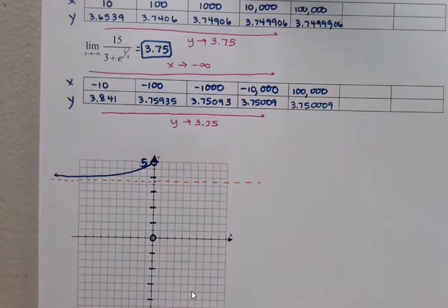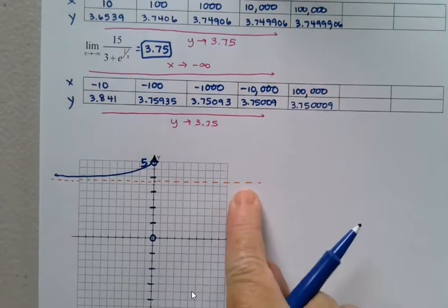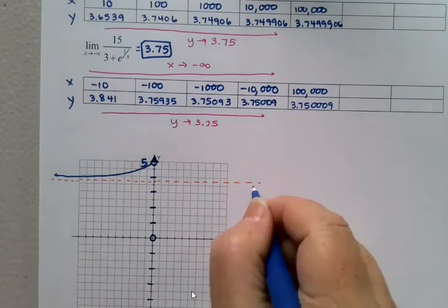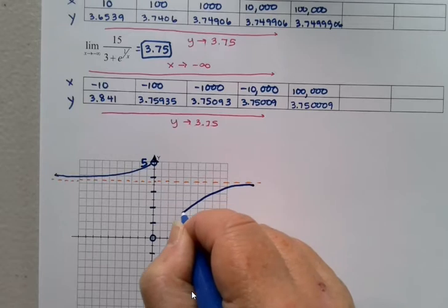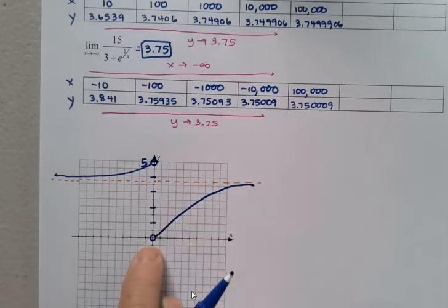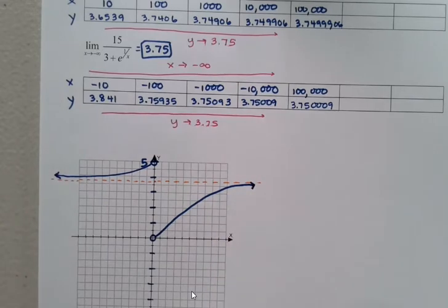On the other side, I was a little bit below 3.75 on the right, near infinity. And then I'm approaching this hole at (0, 0). So even without looking at a good graph on Desmos, I have a pretty good idea of what this graph is going to look like.